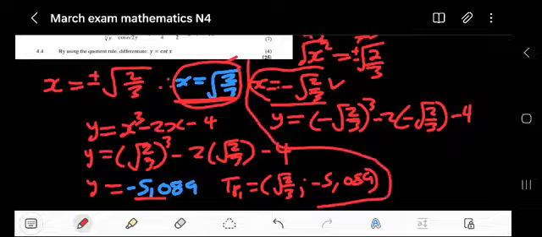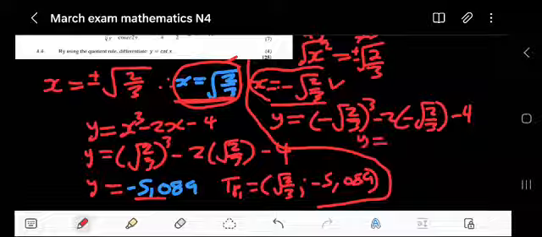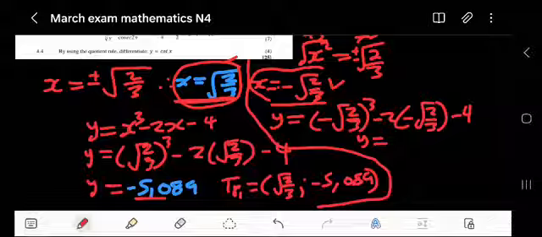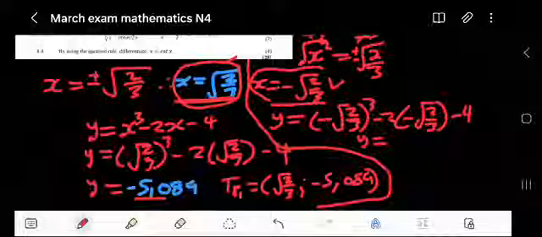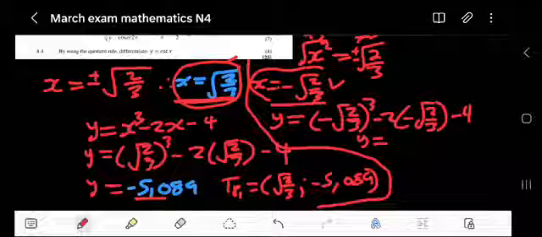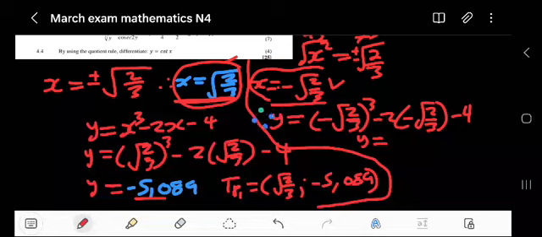When we are using the negative one, we'll have negative 2.91 as the y coordinate.